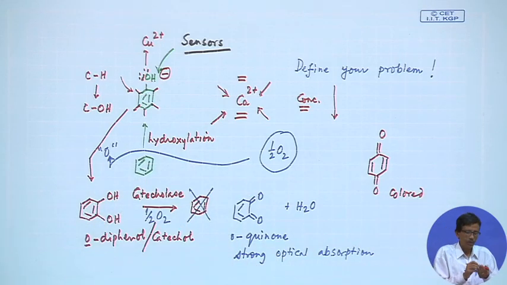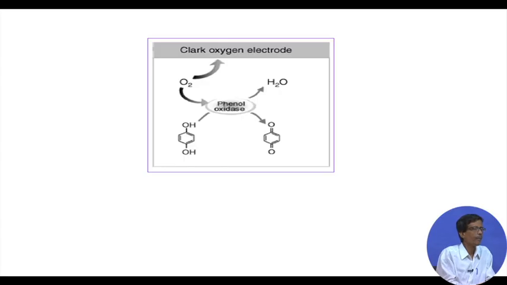So, this is the coloring mechanism. Whenever you do this reaction, whether it is the oxidase reaction or the catechol oxidase, the catecholase reaction, you are consuming O2, because earlier we have seen that O2 can be determined with a Clark oxygen electrode.